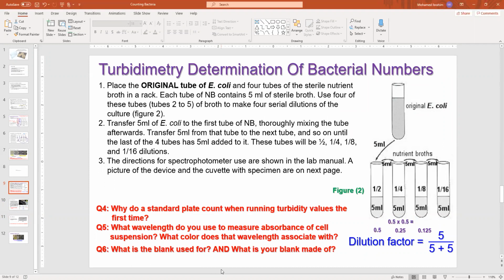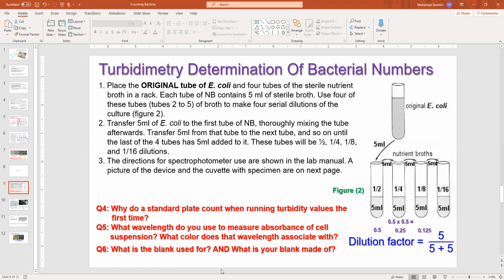And the best wavelength to measure bacterial growth is basically around 600 nanometers. This is the wavelength we use when we measure, 590 to 600 nanometers, which, if you look at the visible light spectrum, is very close to the orange color.